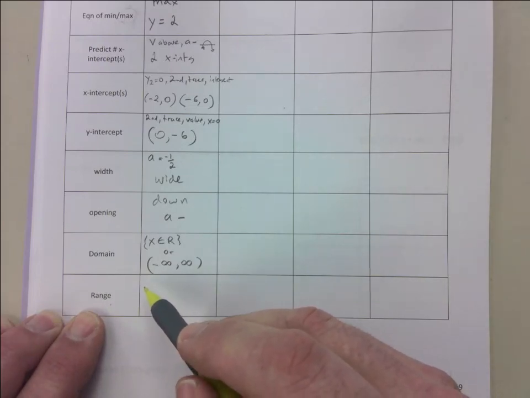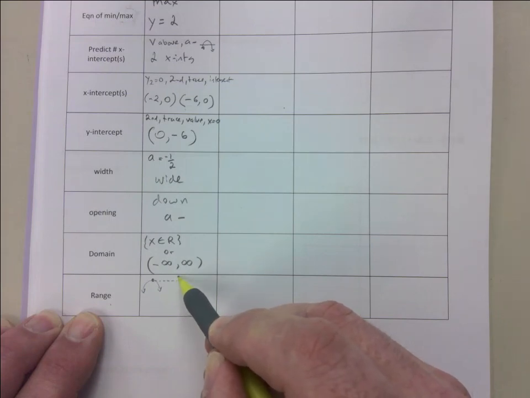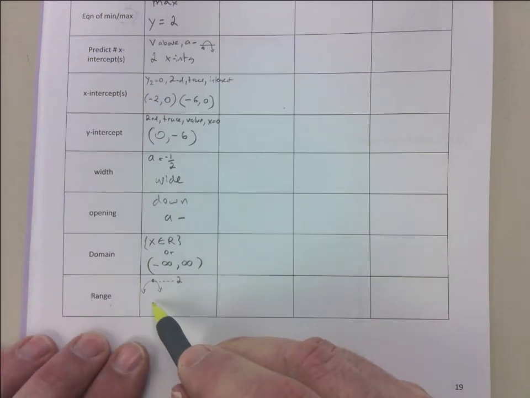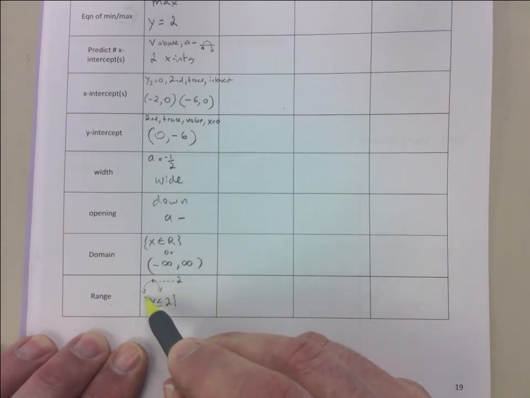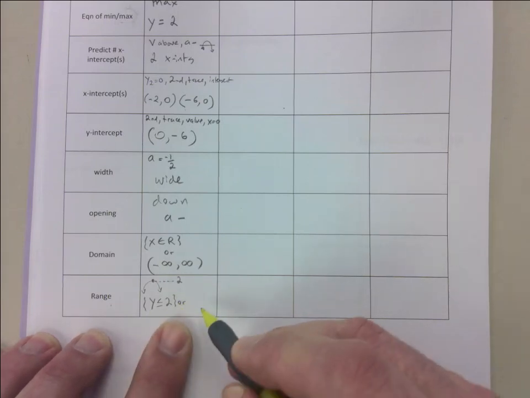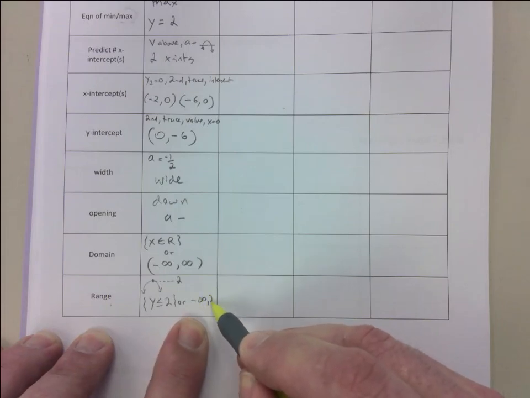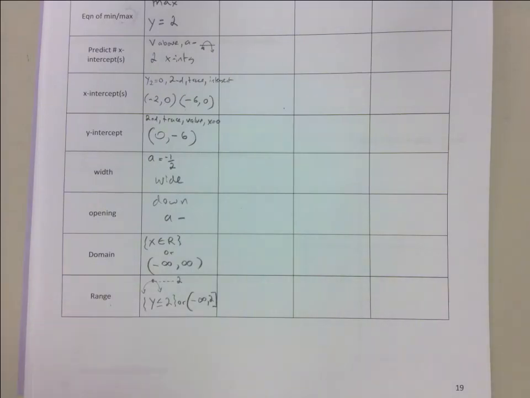Because it's doing this, the highest point this ever gets to is 2. That's your max. So we'll say y is less than or equal to 2, or you go from negative infinity all the way to 2. Square bracket, round bracket. So the other ones are on you for now. Okay.